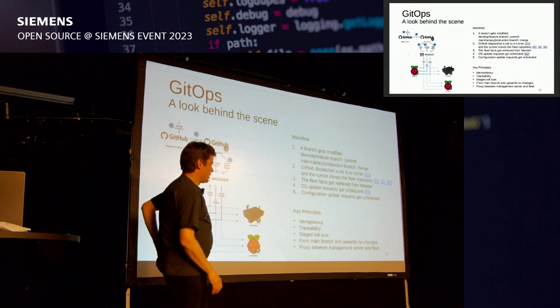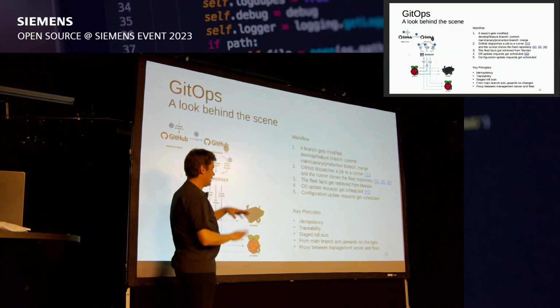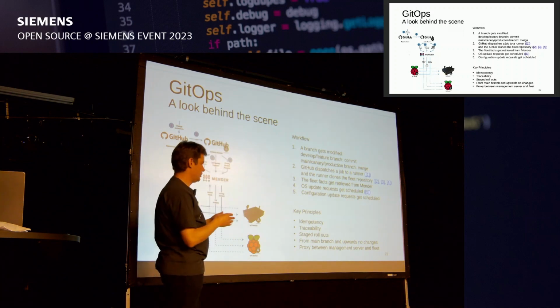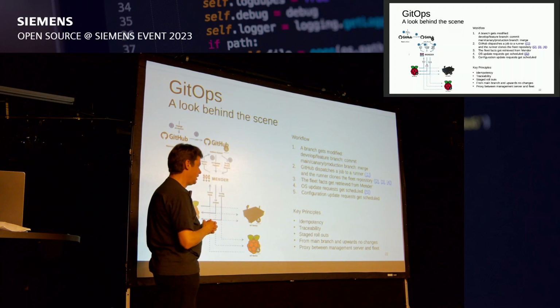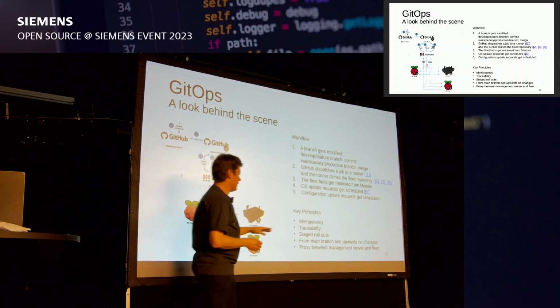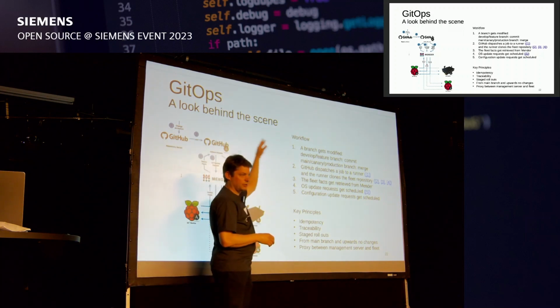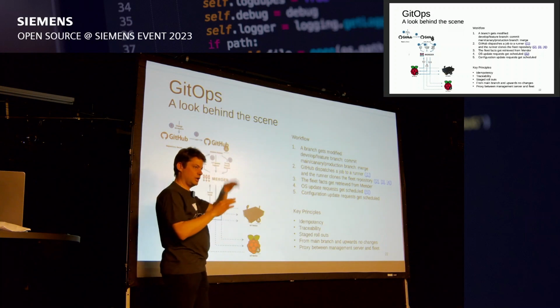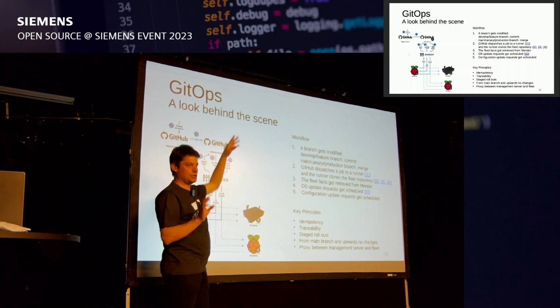You can also organize your playbook in a way that you have staged rollouts, even on the production system. And from the main branch and upwards, there are no changes anymore. So between your develop and all the upper branches, you don't change anything anymore.